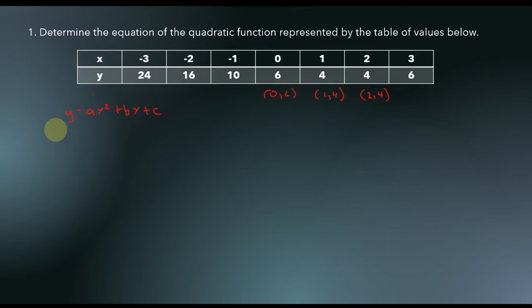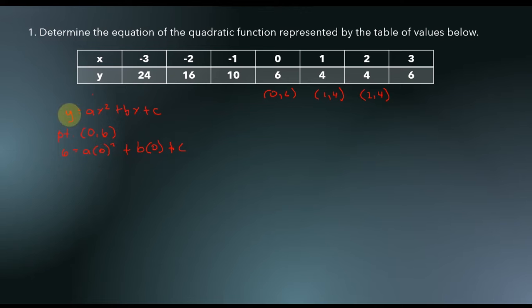If our point is (0, 6), then we substitute, of course, this ordered pair as our values for x and y. The first value of x is 0, and the first value for y is 6. Substituting into the equation gives us 6 equals a times 0 squared plus b times 0 plus c.